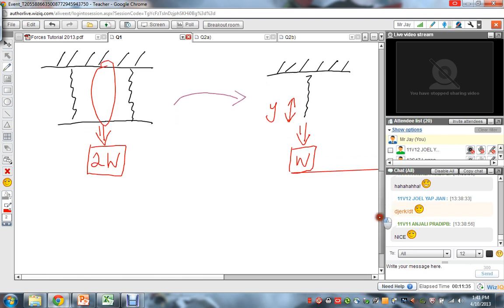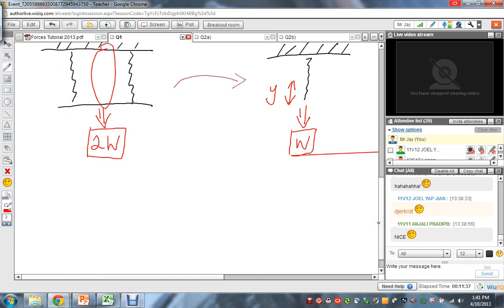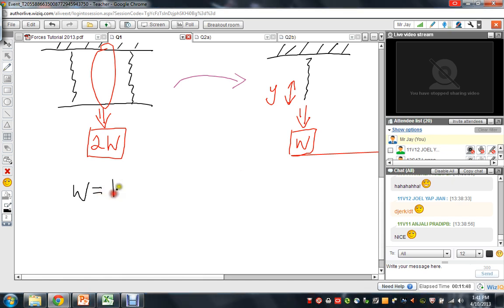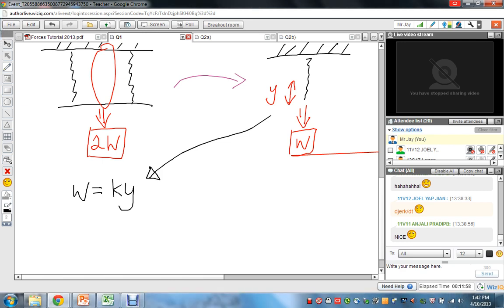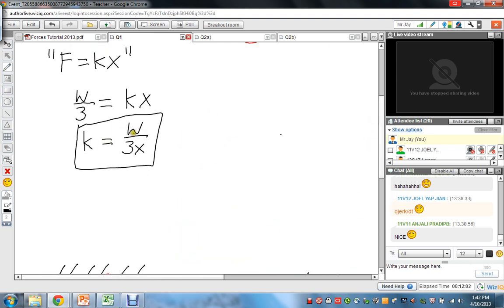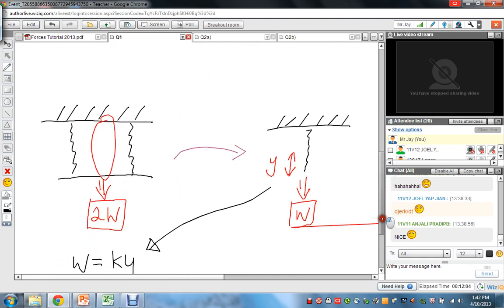Because Hooke's law still holds, we can write an equation down for this particular spring. W equals K times Y. But we know K, right? K is the same regardless of what system the spring is in. And we know K is W over 3x from the earlier example.